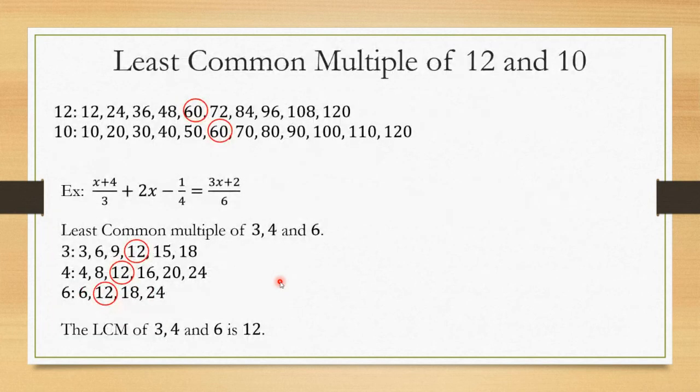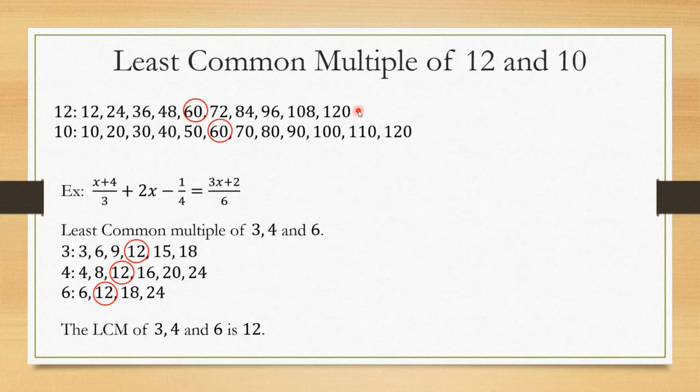Okay, here's another one. Let's look at 12 and 10. Same idea, we're going to list the multiples. 0 I didn't list because, again, 0 cannot be the least common multiple. And you really want to stop once you hit 12 times 10.